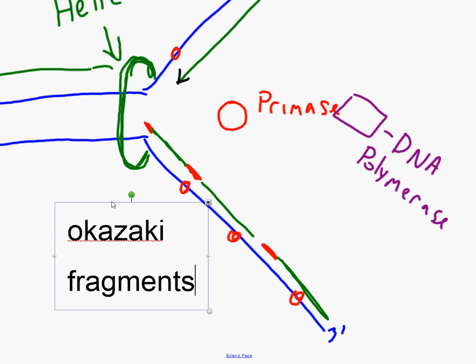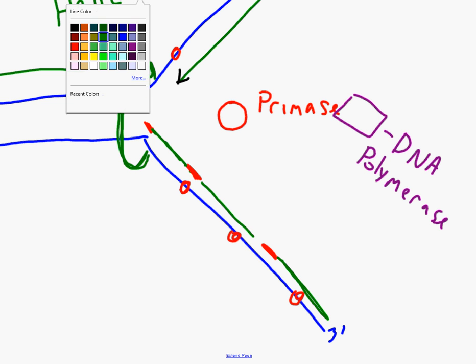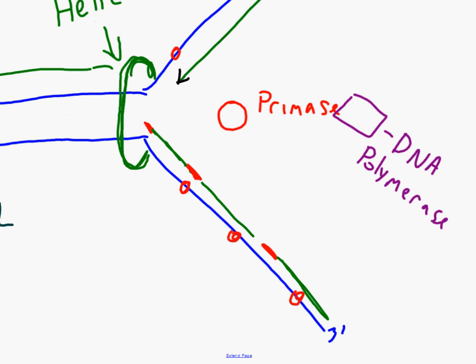All right, and so those fragments obviously cannot be left behind. They have to be dealt with. And so there's another enzyme that's going to deal with those fragments. It is called ligase. Ligase is a triangle.